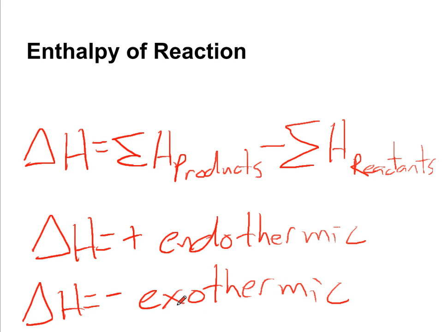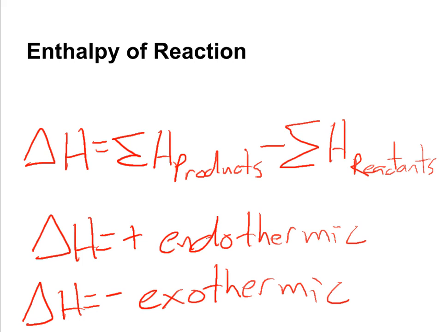Exothermic means the system gave heat or energy to the surroundings. So something like a fire is exothermic because the system is giving off heat that you feel. And a reaction that causes something to feel cold would be endothermic. That system is absorbing the energy from the surroundings, making the surroundings colder.